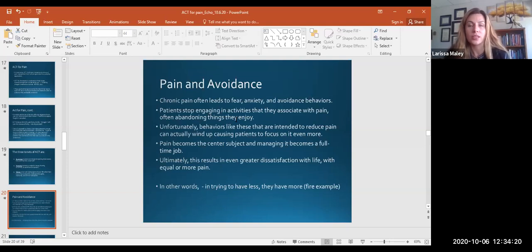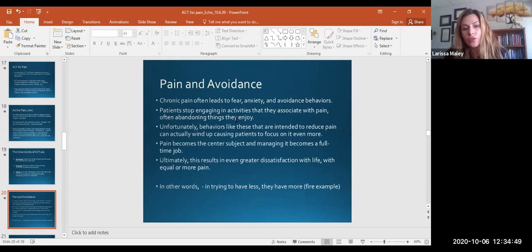So having tremendous amounts of fear and anxiety around the potential for pain happens with individuals with chronic pain conditions. They stop engaging in activities that they associate with pain, or they abandon things that they used to enjoy because of that connection. Because remember, humans will make connections when connections don't exist. They will link things that aren't necessarily linked. That's just what our brain automatically does.